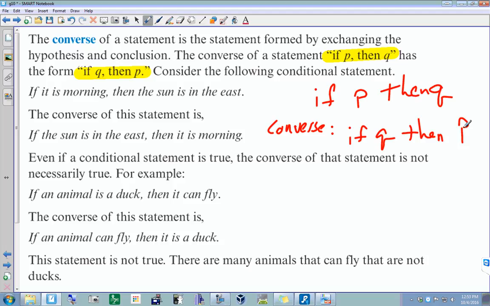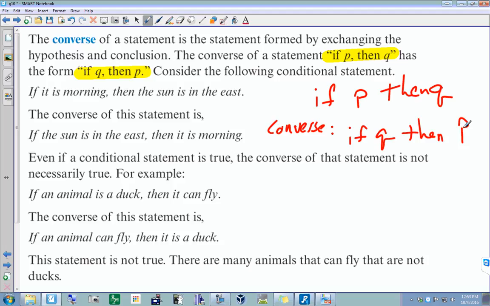So, remember when we said, if it is morning, then the sun is in the east. We said that was true, right? Does it make sense if I say, if the sun is in the east, it's morning? Yeah, it's always the same.